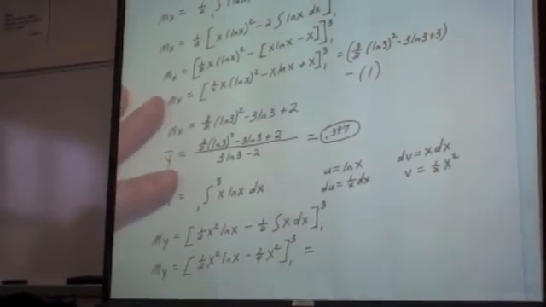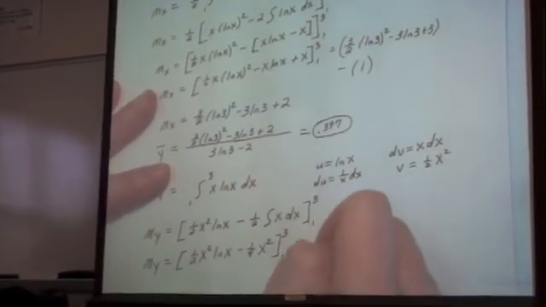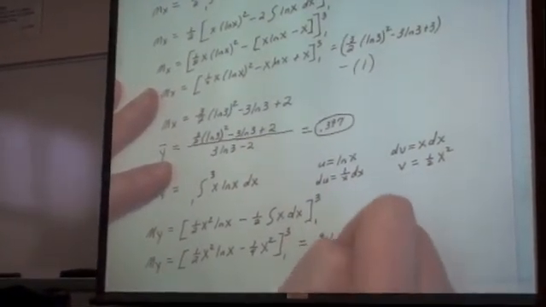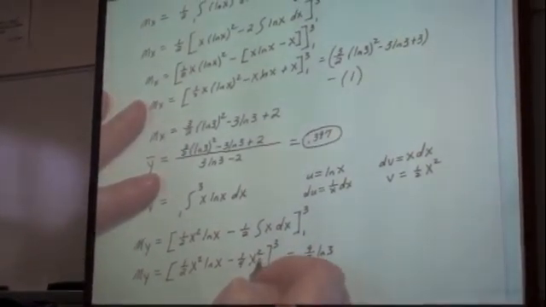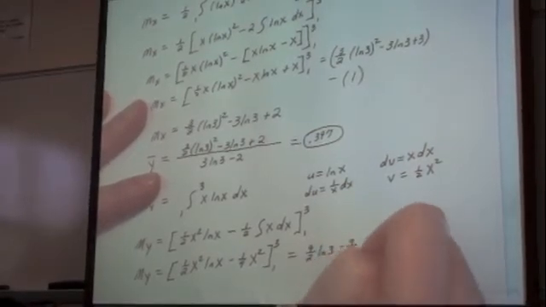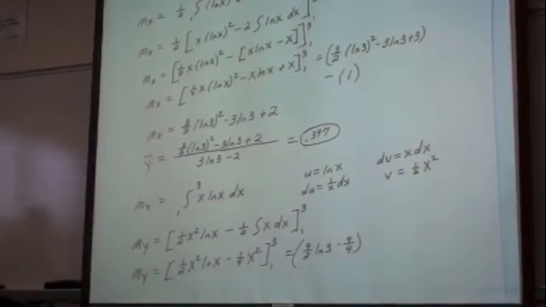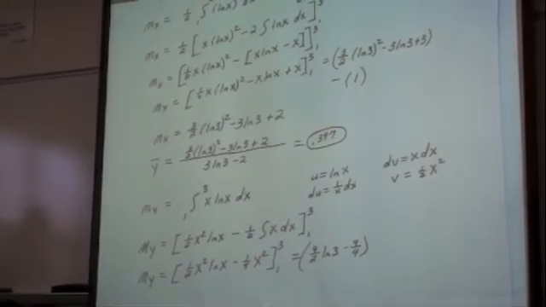So when we evaluate this at 3, we'll get 9 over 2 natural log of 3 minus 1/4 times 9, so minus 9 over 4. When you evaluate it at 1, you can ignore the first term since the natural log of 1 is 0.